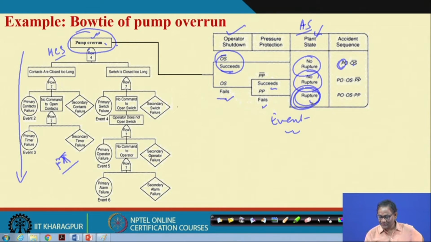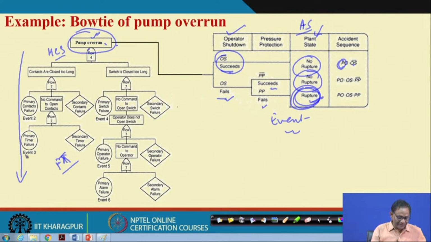You may say I start with this and ultimately one big fault tree will be there, as we have seen earlier. The other way, if tank rupture is the top event, it means everything has already happened and your preventive and mitigative measures are not that differentiated. But here, if I know that pump overrun is to be arrested, then what I do are mitigations, basically mitigating the effect of pump overrun. And then what is the accident path here?